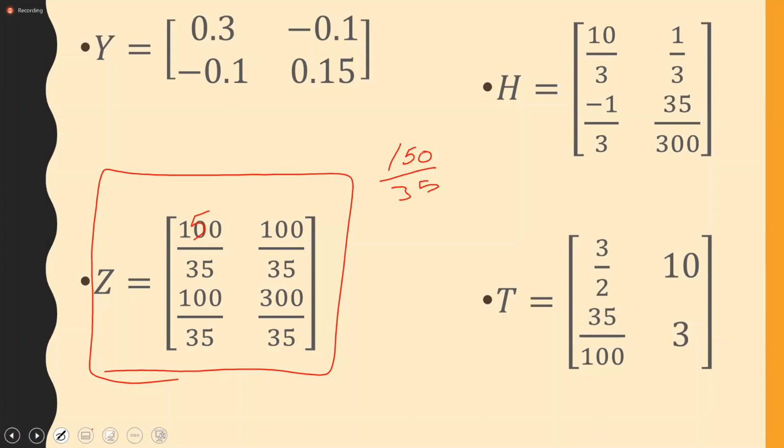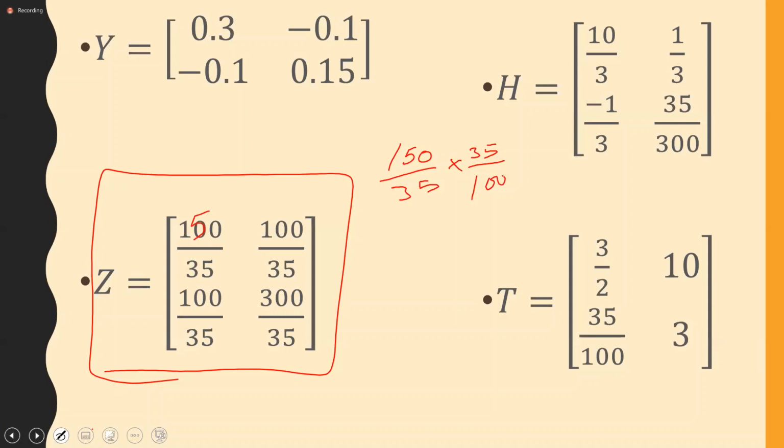Over 35. And we are dividing that by Z21, and Z21 is 100 over 35. So we'll be multiplying this by 35 over 100.